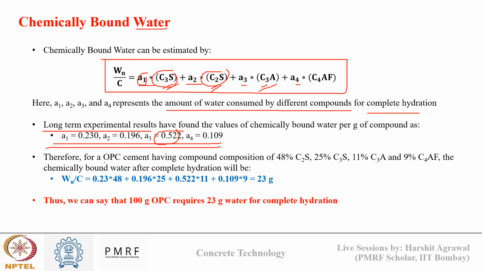So if we assume an OPC composition of 48%, 25%, 13%, 11%, and 9%, and multiply these factors with these proportions, we get the actual water required for the cement system to undergo complete hydration. By substituting, the value comes out to be 23 grams. So we can say that for 100 grams of OPC we require 23 grams of water for complete hydration.